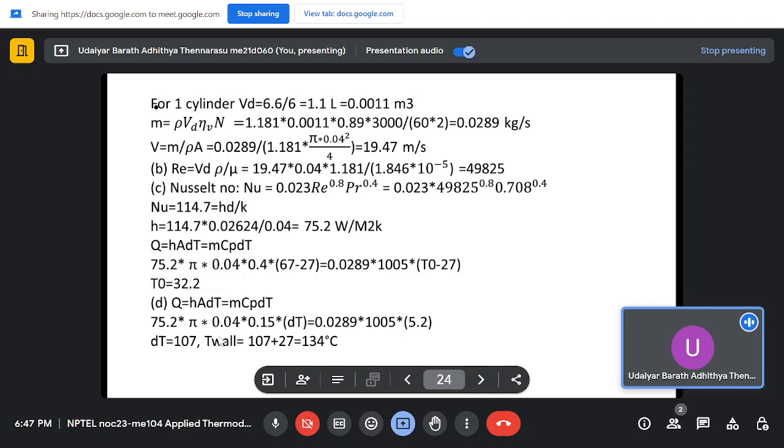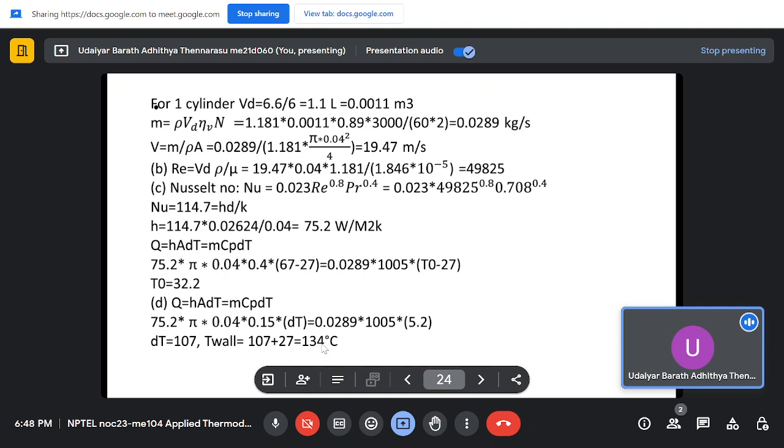So this gives that the difference in temperature between the air and the runner wall should be 107 degrees Celsius. So the wall temperature will be T wall equals 107 plus 27, the air inlet temperature. So your runner wall temperature should be 134 degrees Celsius.